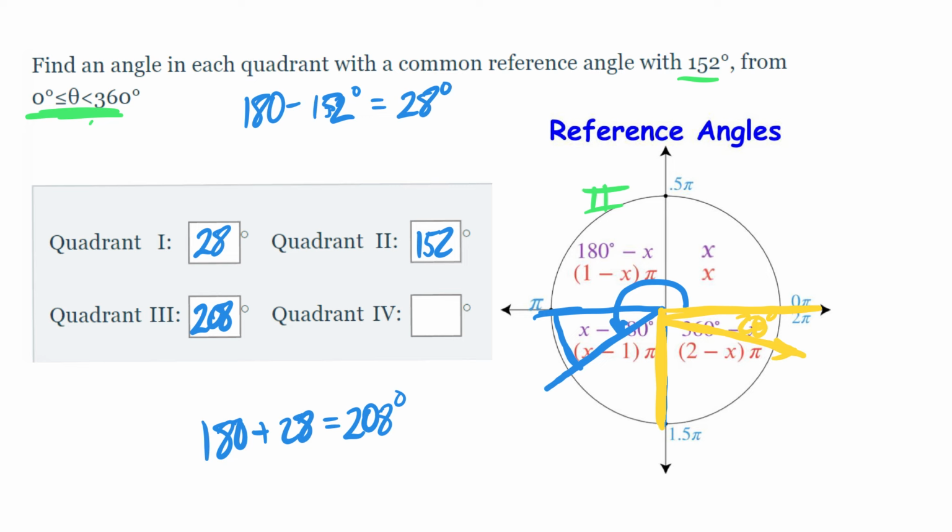So the angle would be 360 minus 28 degrees. And that puts us at an angle measurement of 332. So these would be the angles that have the same reference angle as 152.